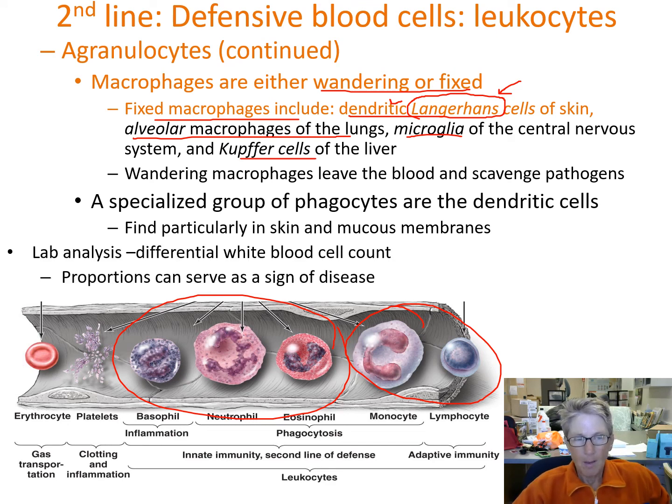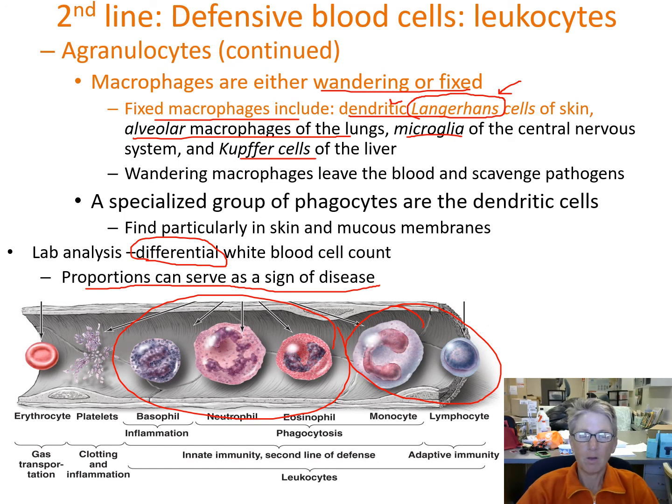When you do a lab analysis, you do this thing called a differential, which is a differential white blood cell count. And you can see the proportions of these white blood cells. And from that, you can deduce different diseases. You should have a proportion of these: neutrophils, lymphocytes, monocytes, eosinophils, and basophils.